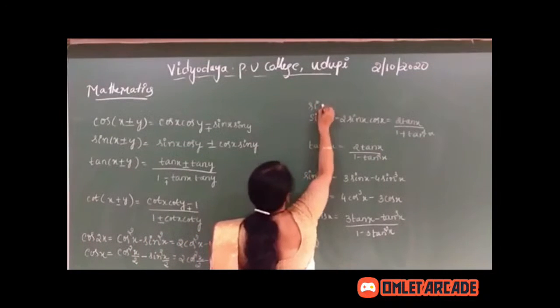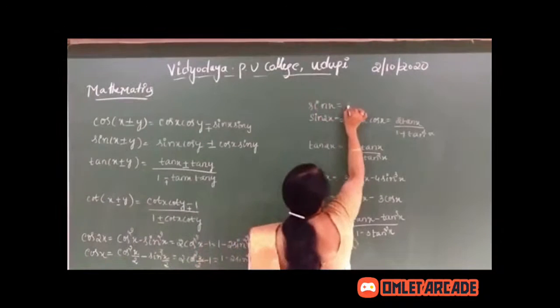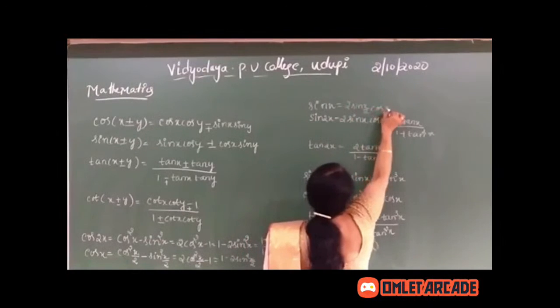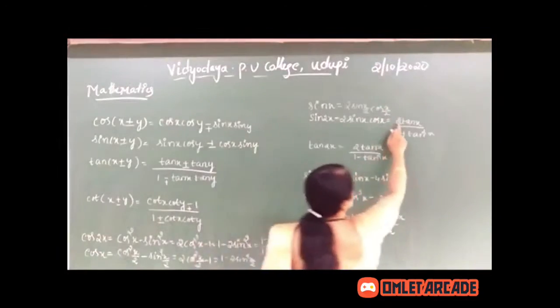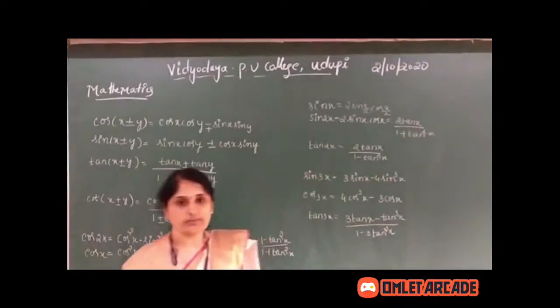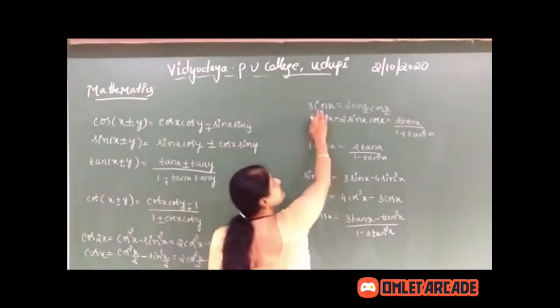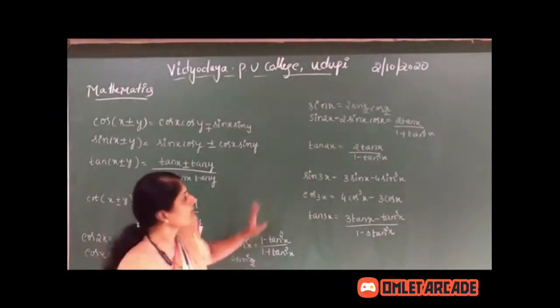So we say sin x can also be written as 2 sin x by 2 into cos x by 2. Very important one. And similarly here it is 2 tan x by 2 divided by 1 plus tan square x by 2. So wherever you have this, we can get half angles by dividing the angle by 2.